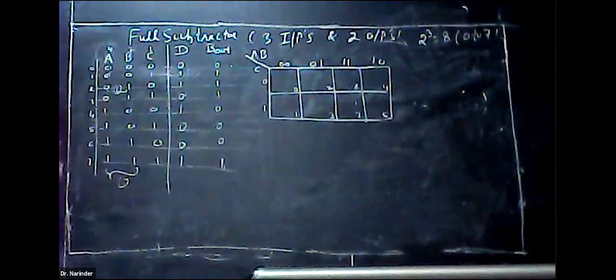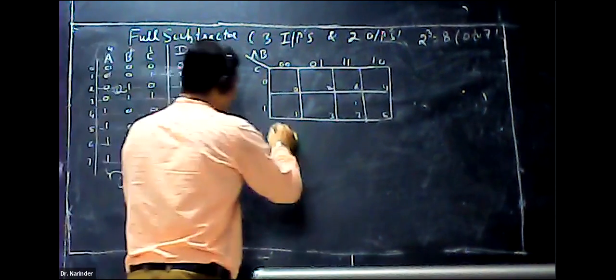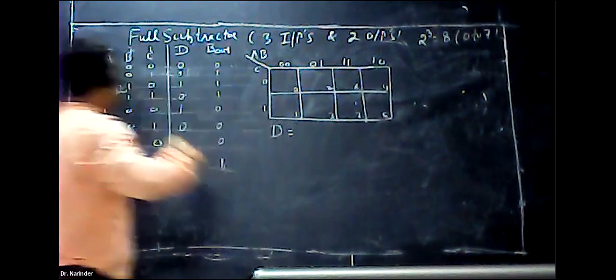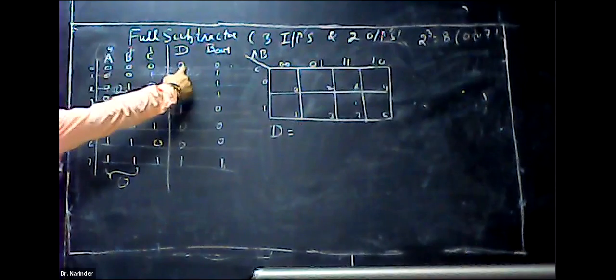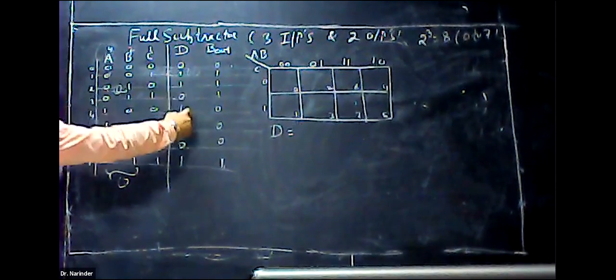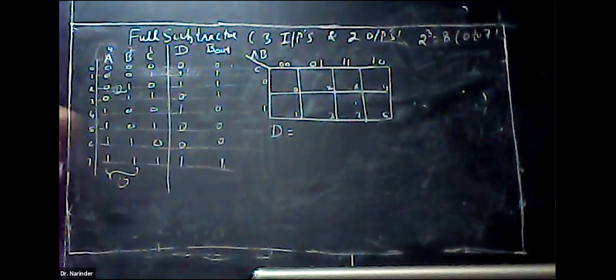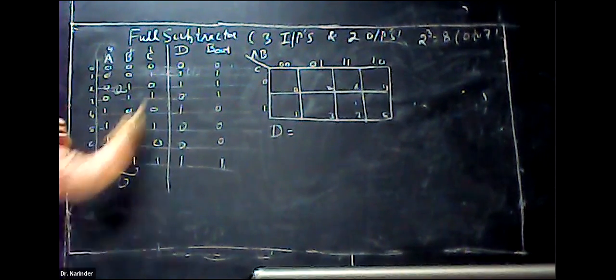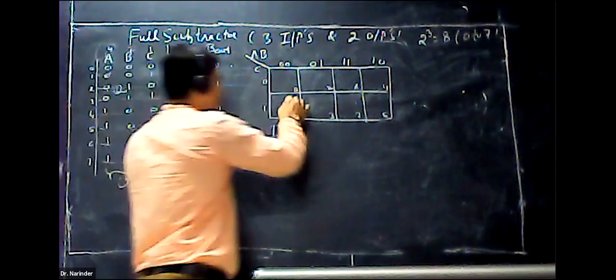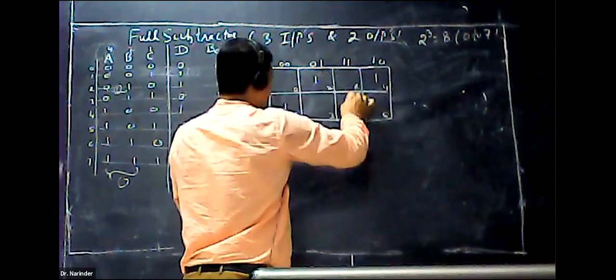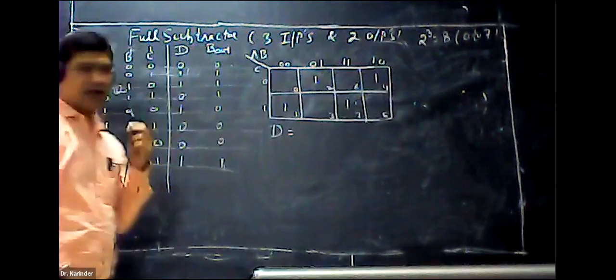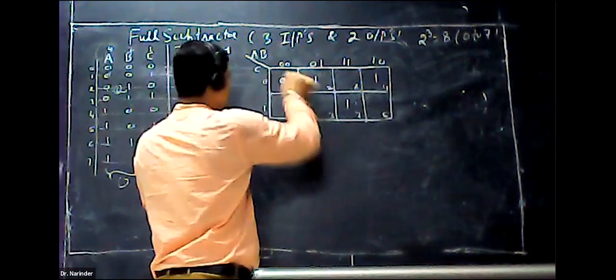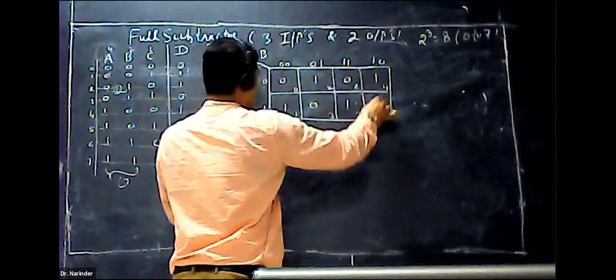Now you have to design it for D. Its value is 1 at 1, 2, 4, 7. So at position number 1, 2, 4, 7, write 1. Rest is zeros.